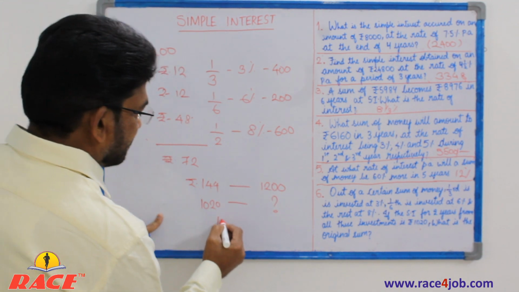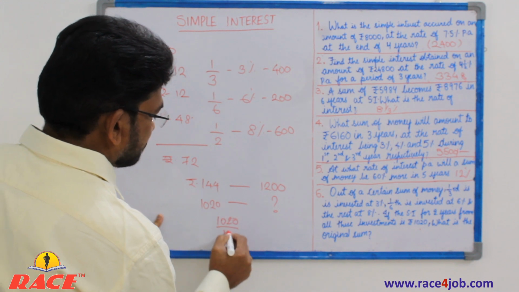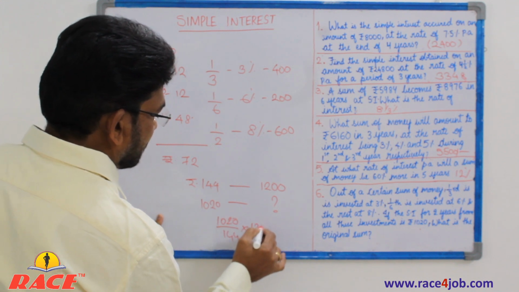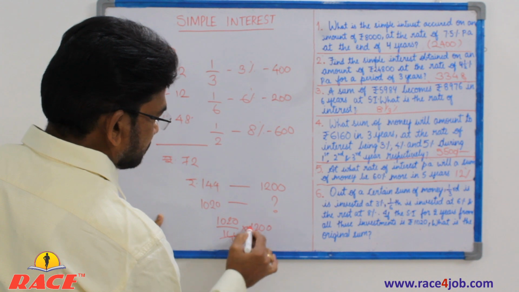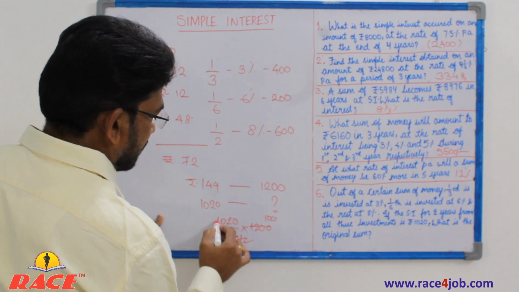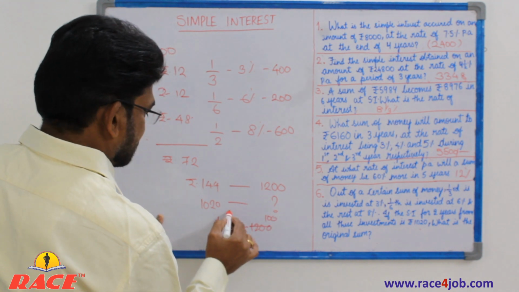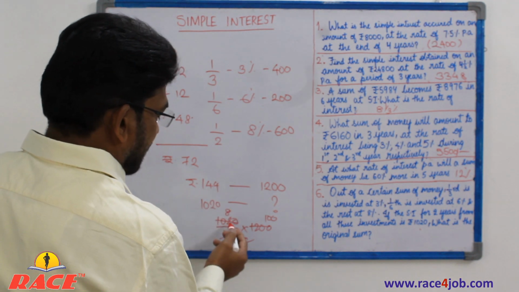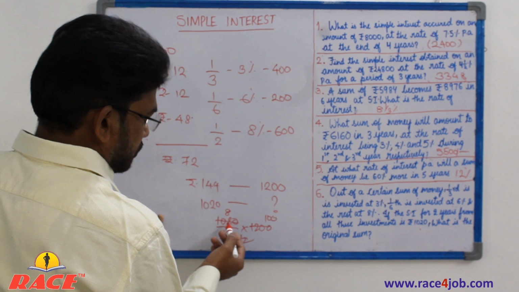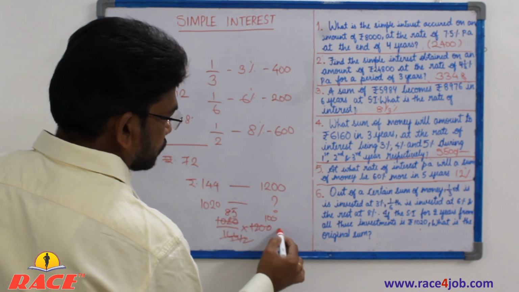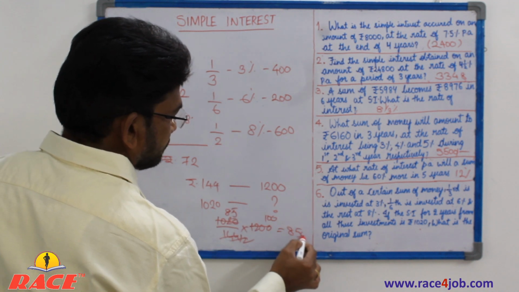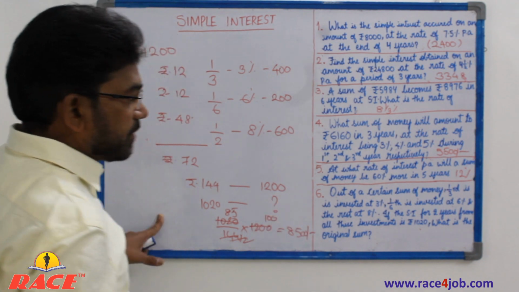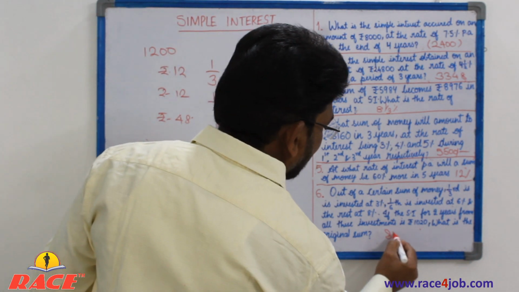We got it. How do you simplify 1,020 by 144 into 1,200? Very simple. 12 times, 100 times. Here also 12, 8 times. 96, then 60, 12 times 5. 8,500. So the principal is 8,500, our answer.